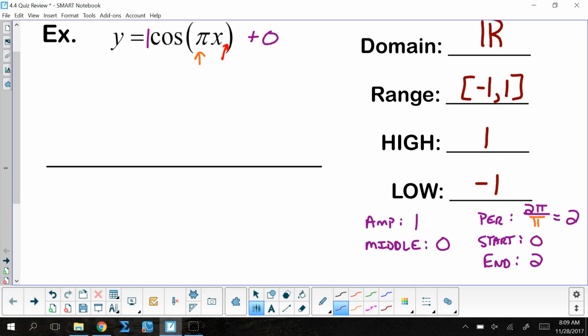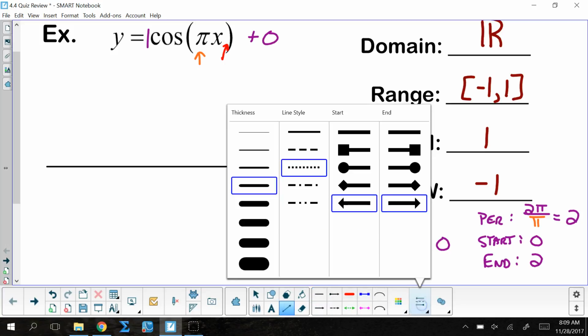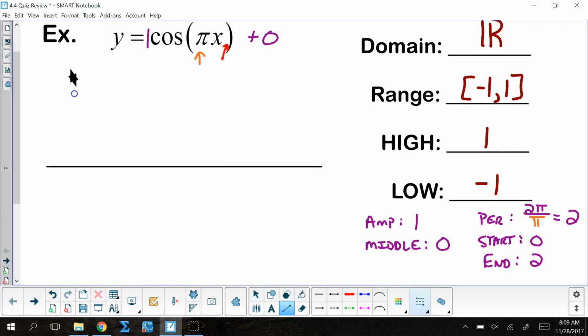Okay? Now, over the last couple of class periods, I've been asked, well, Linz, how do you go about graphing it? Well, the first thing I look at is where I start. I'm starting at 0. So I can put my axes on the left side of my line.